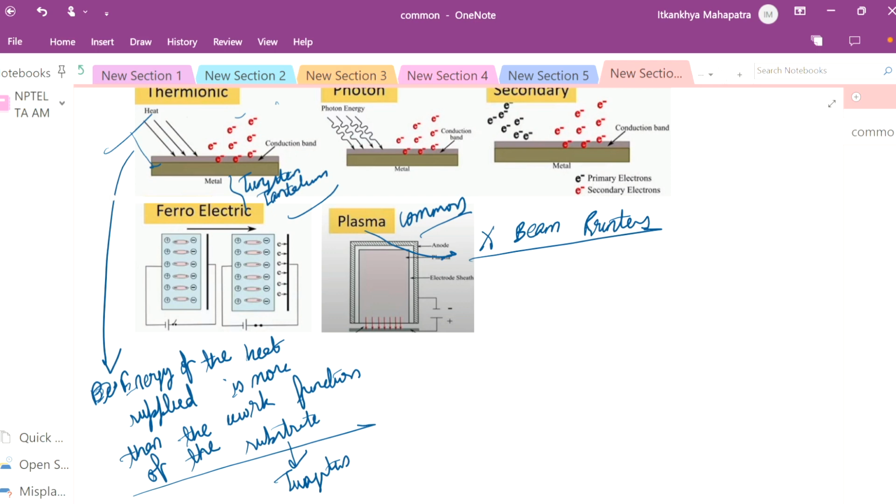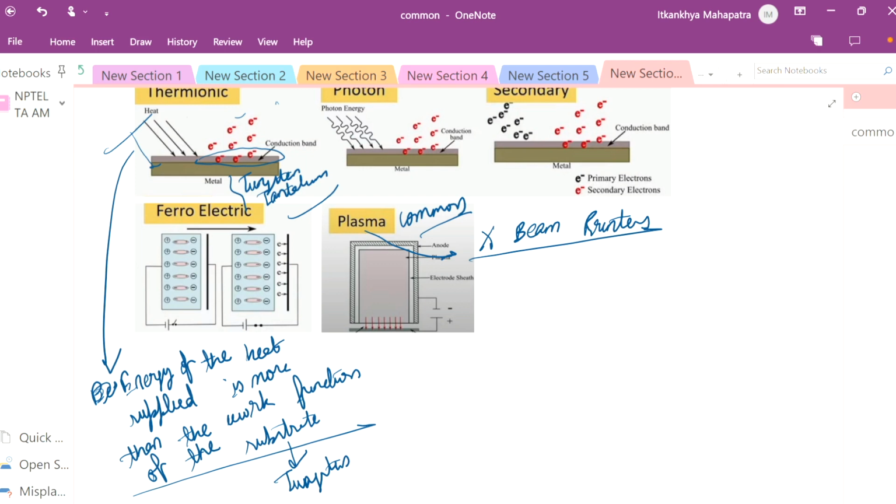And if you are aware of this, we use these substrate metals in your FESEM, TEM, SEM. So when we supply heat, electrons start to emit, and these electrons will only remain on the surface. They won't move to any other place. So we need some arrangement to focus or accelerate these electrons. We will do this by applying voltage.